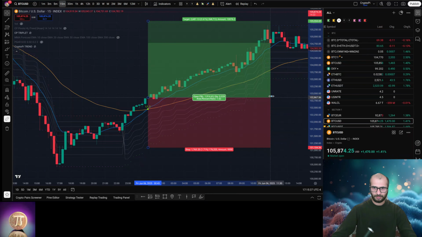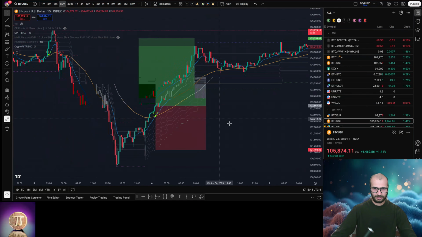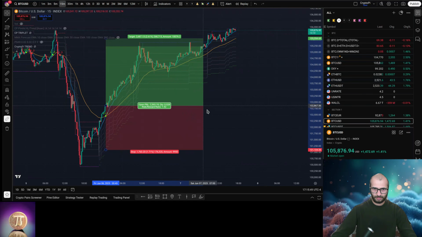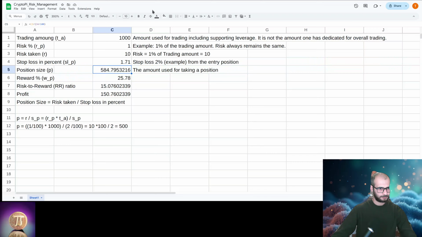If the stop loss does not touch, perhaps it would take a much longer time to reach 1.5. So that is on the next day. And for the profit of 2.61, so here reward is 2.61. The risk to reward becomes 1.5 and the profit is $15.